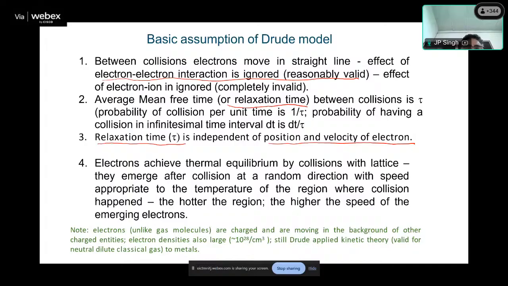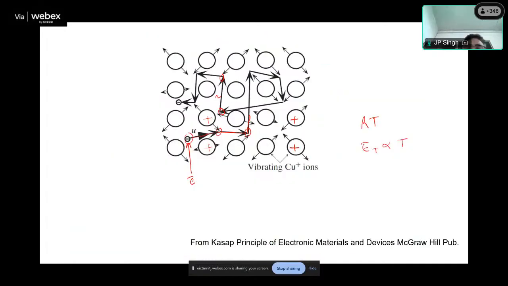The fourth assumption is that the electrons achieve thermal equilibrium by collisions with the lattice. It means that after the collision, the electrons come out in a random direction, and they also change their speed. Suppose they collide here, there's a scattering event here, and then the electron moves in another direction.